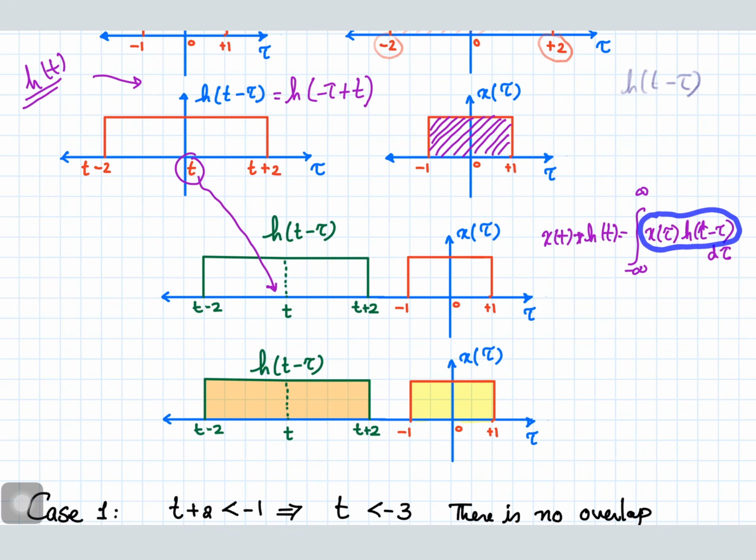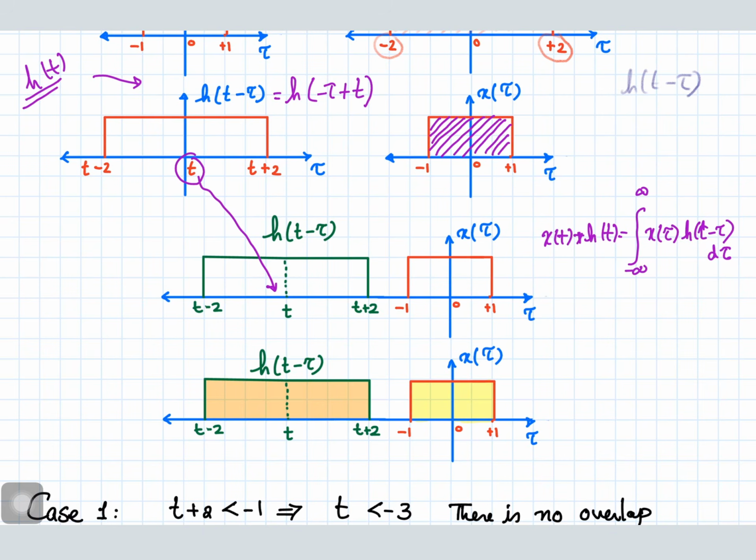That defined by the product of x of tau and h of t minus tau. By taking their product, we will see, as time progresses, what will be the area accumulated up to that point. And if you want to convolve the whole signals, then from minus infinity to infinity, whatever is the area covered by the product of these two will be equal to the convolution.